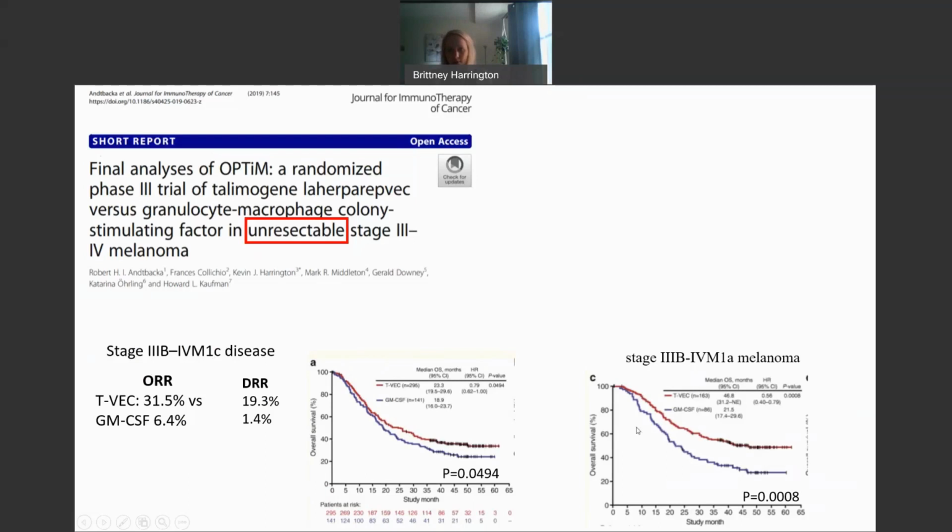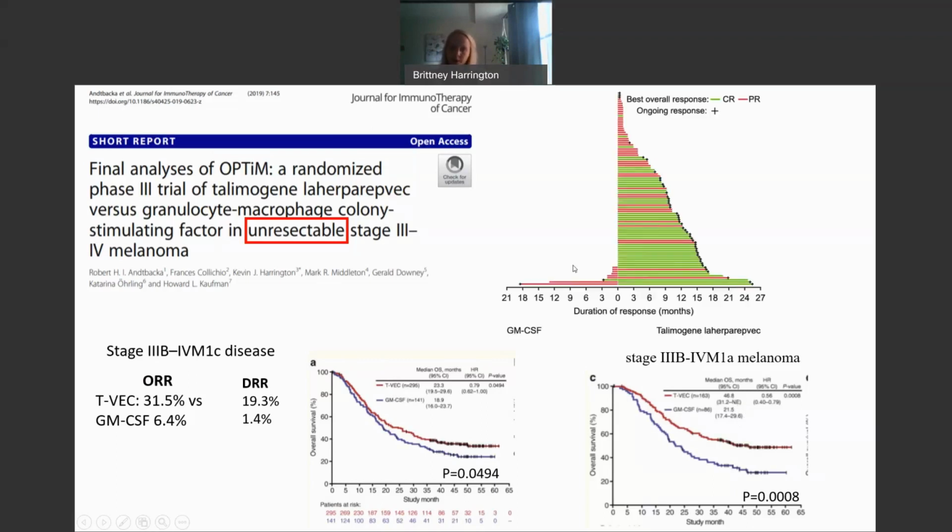When you separate out those few patients that were 4B and 4C, you can see a much more significant difference in the response of survival, getting up to 46 months median survival in the TVEC patients, and the upper limit, it means not reached. So they're still tracking some patients' survival with TVEC treatment.